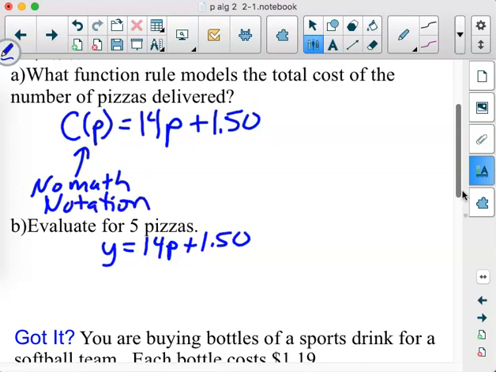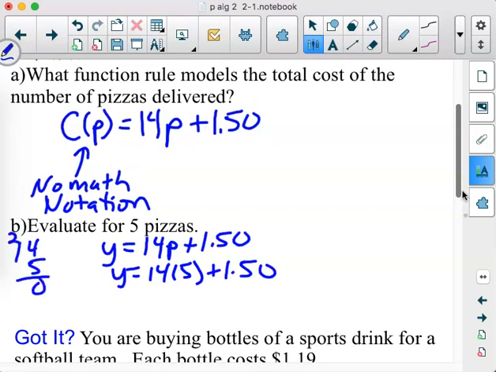And now I want to put the 5 pizzas in. And 14 times 5, going to cost us a little bit. So we've got $70 plus $1.50 for delivery, $71.50.